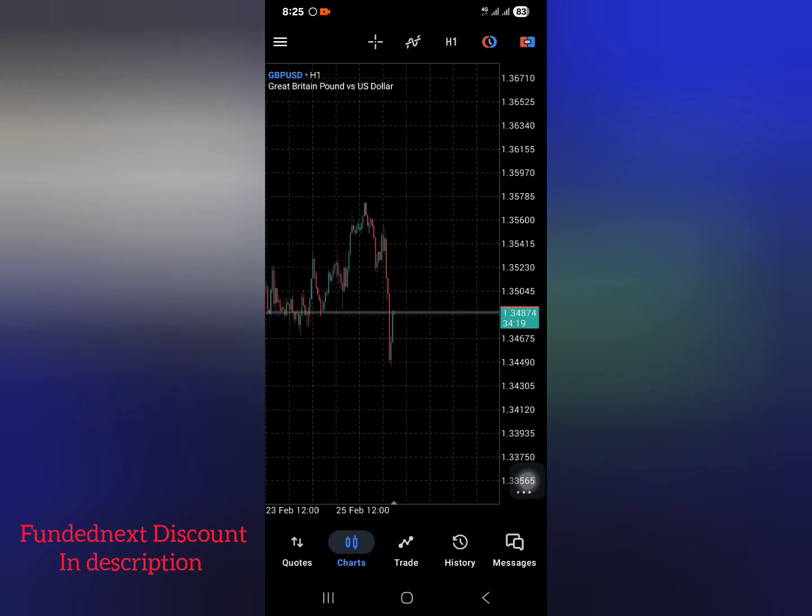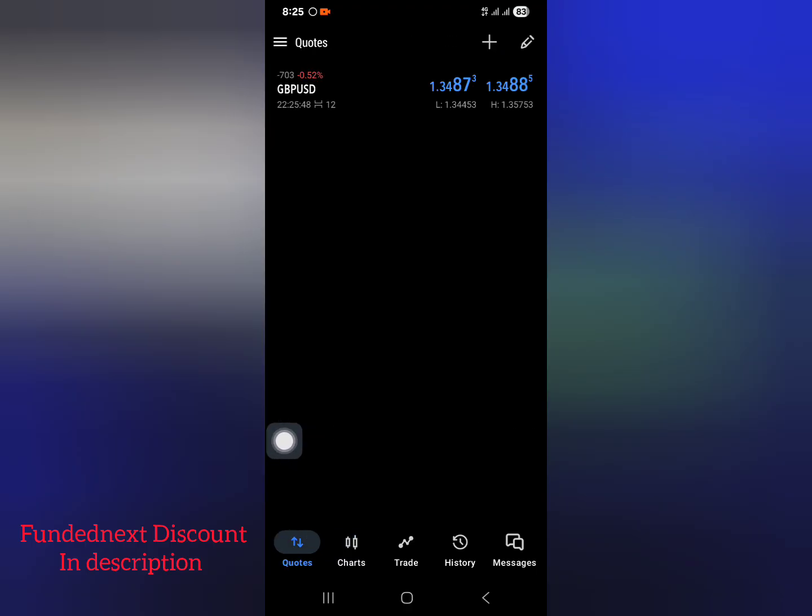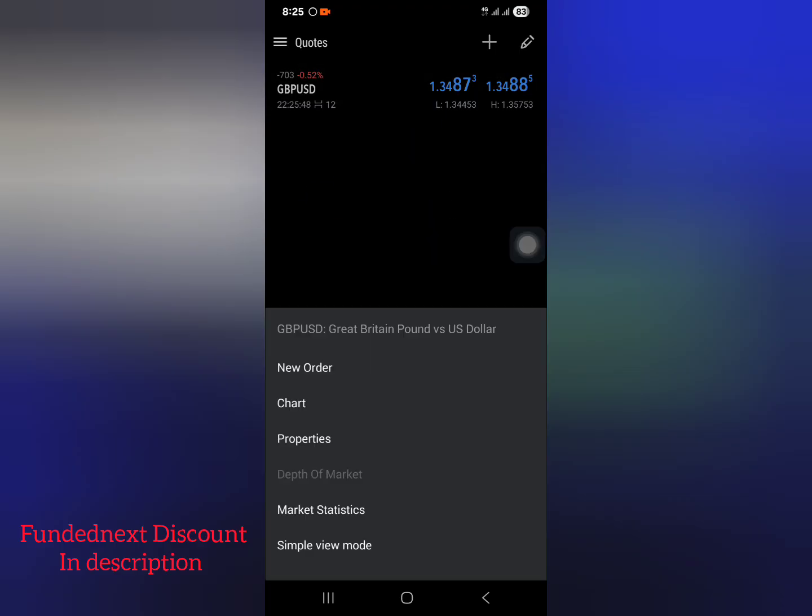After login, you see your quotes, your chart, your trade and your history. The quotes show your currency pairs; I am trading GBP USD. There are details for a new order, where a person wants to buy or sell. And a new order, and a chart.